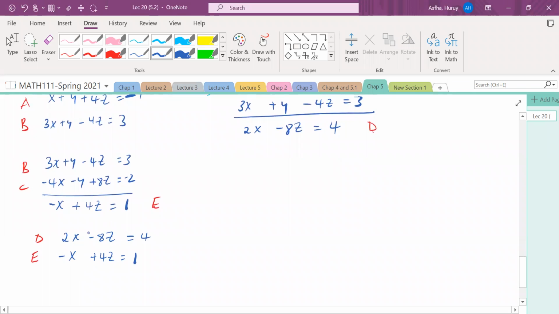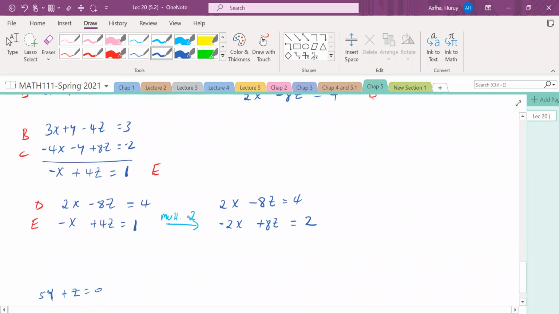And in order to cancel out one of these variables, I will multiply the second one by 2, and we get, the first one will be the same, and the second one will be -2x plus 8z equals 2.